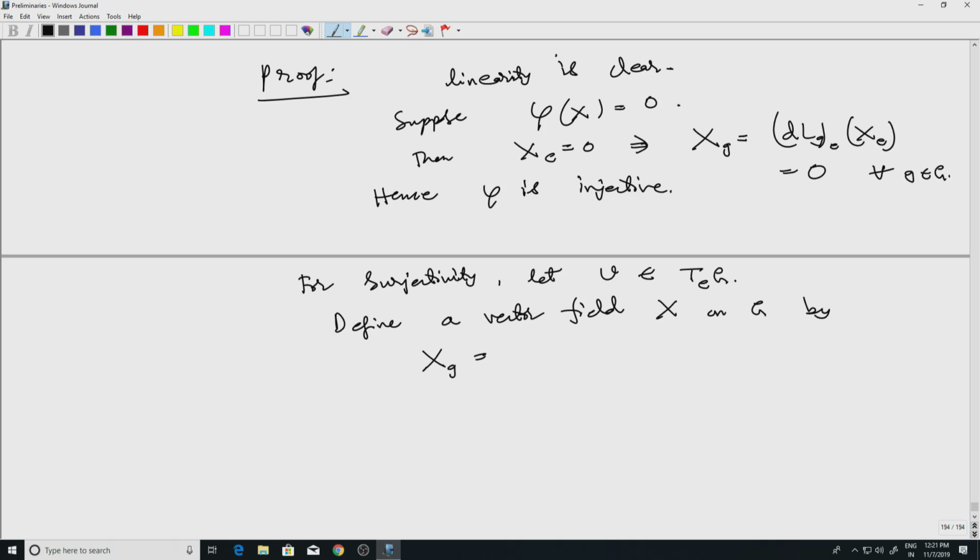So here I am saying that xg is by definition dlg at e of this vector v that we started with. Now this x is by definition left invariant.